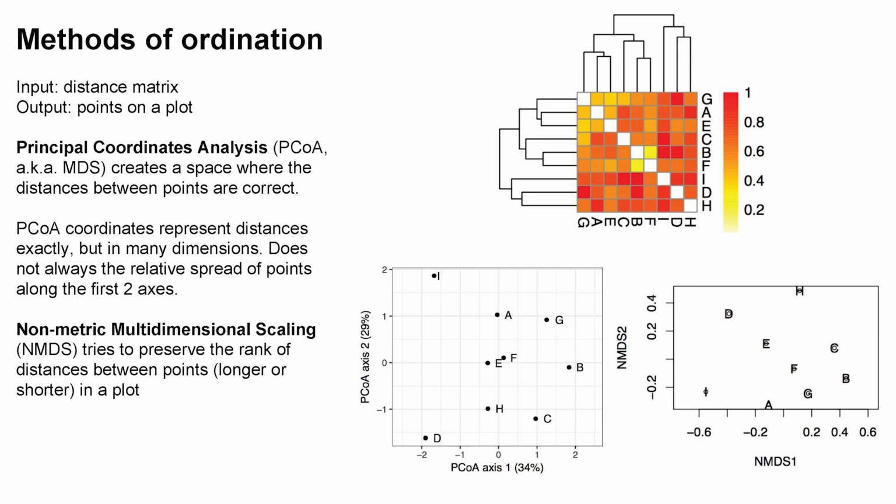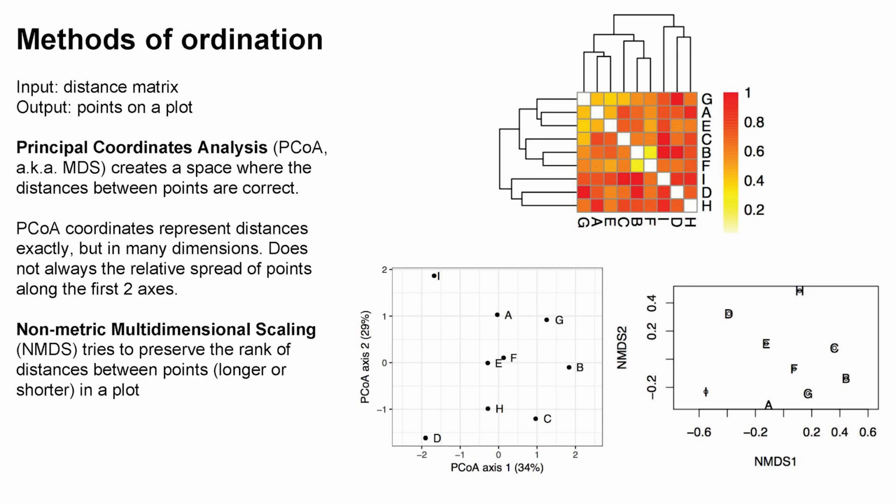But what's important in principal coordinates analysis is that the axes are perpendicular to each other. That's what the method won't give up on. It'll always give you axes that are perpendicular. That's nice, and it'll always give you a space where the Euclidean distances are exactly those in your distance matrix.